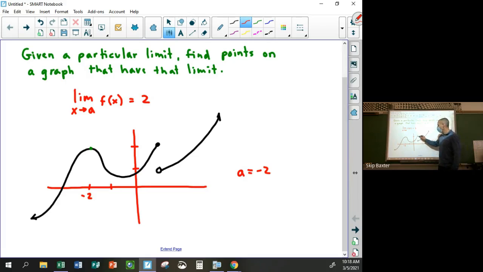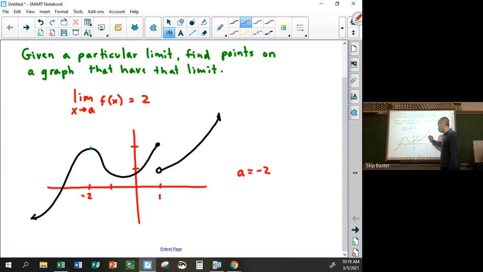But it definitely wouldn't be true at this point, right? Say this is at x equals 1. This statement is not true if a is 1, because the limit as x goes to 1 is what in this case? It doesn't exist. It's not 2, right? So you wouldn't include 1 on your list of points where this is true.